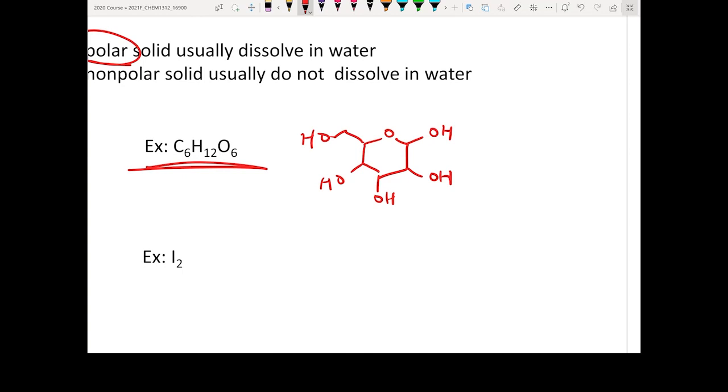So that is the structure. Would this substance dissolve in water? Yes, very easy, right? So many OH groups. It's forming hydrogen bonds like crazy. So the solubility of this one in water is very, very good. Of course, this is the kind of sugar you drink. So no doubt this is going to dissolve in water.